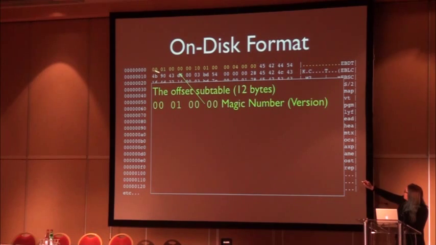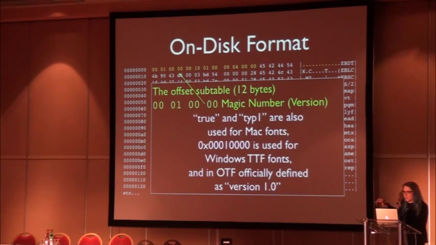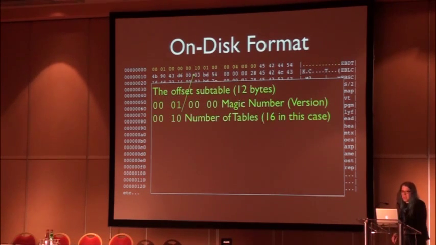The first 4 bytes are the magic number, of which there are actually several, Windows and Mac kind of. Everybody wants to make their own standards and not follow anyone else's. So, you know how it goes.